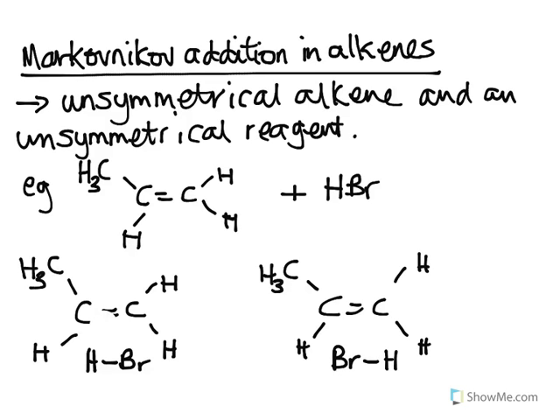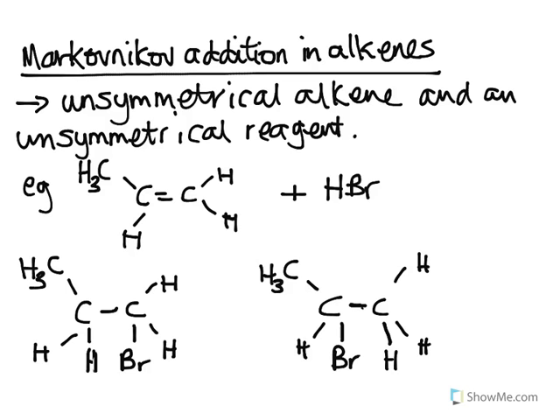So we can take, for example, the double bond here breaking, the hydrogen joining on here and the bromine joining on here, of course meaning this bond disappears. Or we could have it as in this molecule where the bromine adds here and the hydrogen adds here, giving two different products.